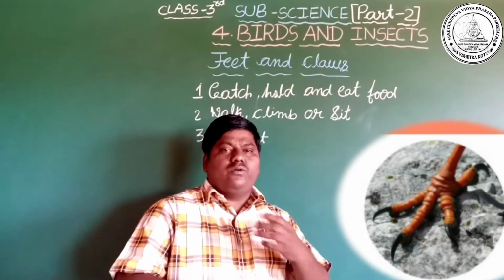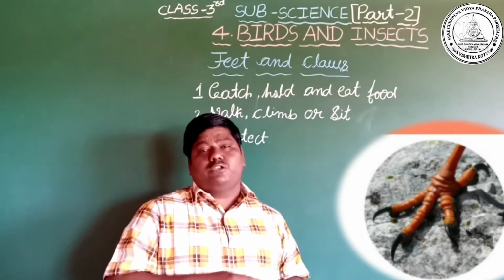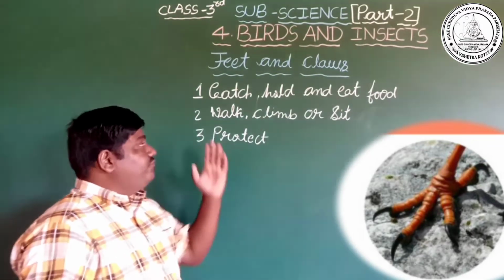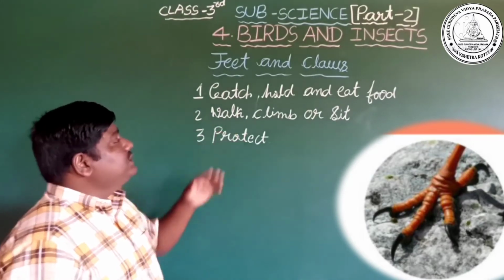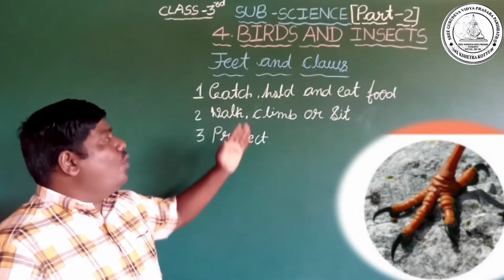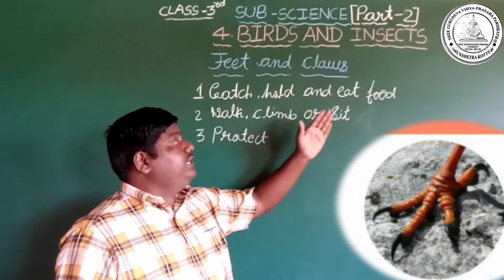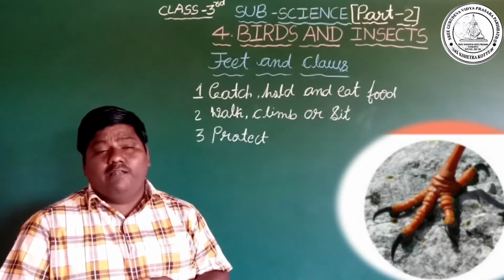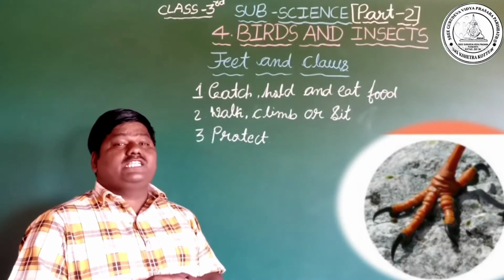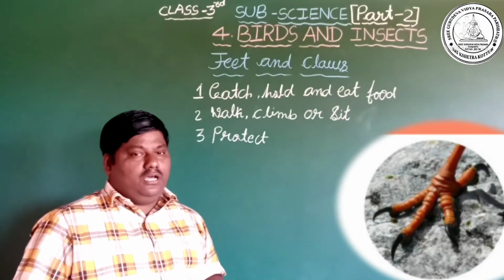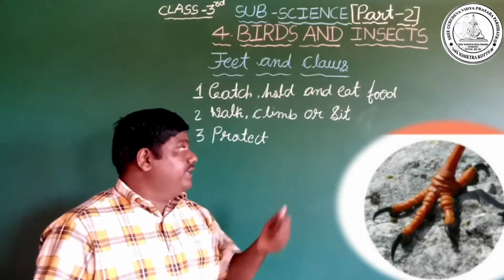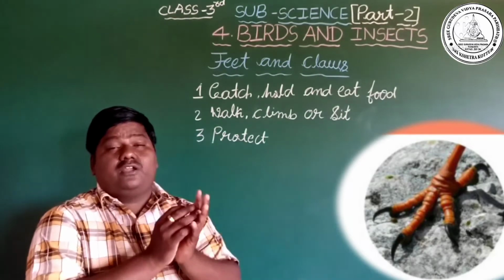Okay, now we are going to learn what are the uses of feet and claws to the birds. See, first one, catch, hold, and eat food. Here, the feet and claws help the bird to catch the fruit or to catch the animals or their prey, and they are holding.